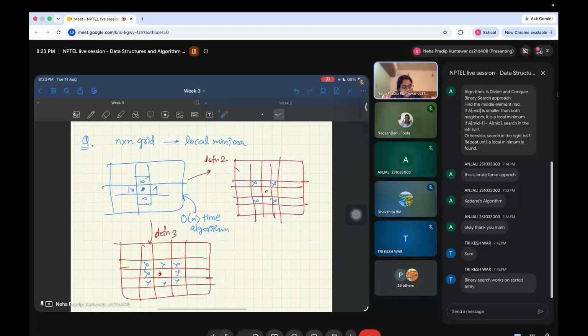If I work with definition 2 or definition 3, then how much time does it take to find a local minima based on these definitions?